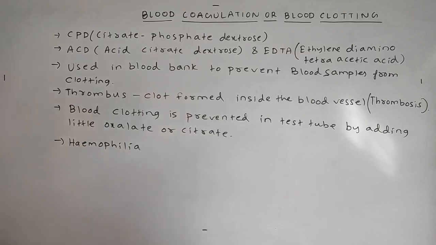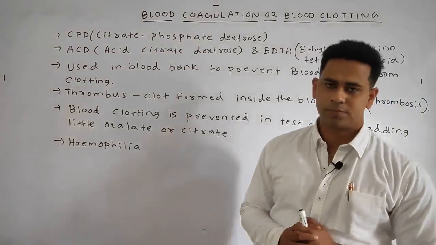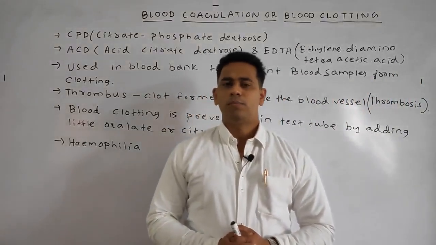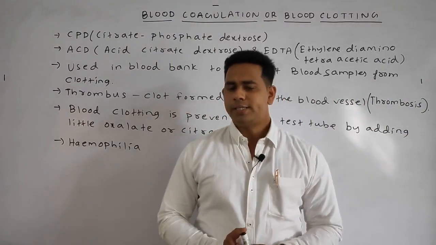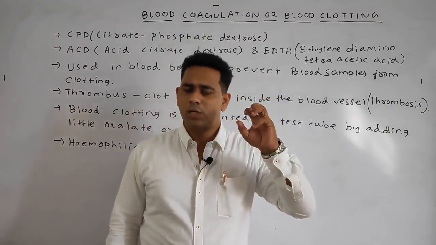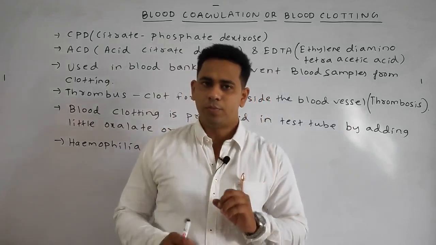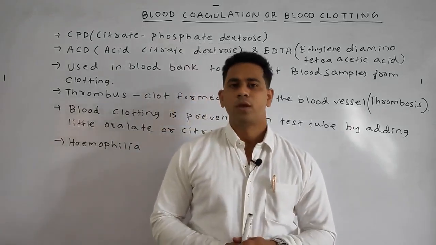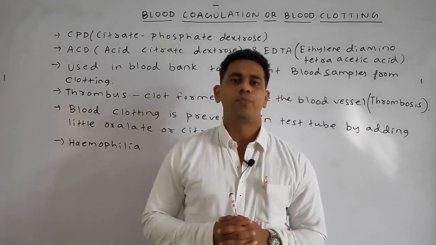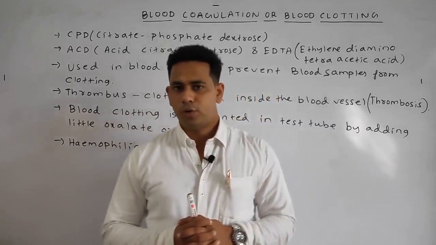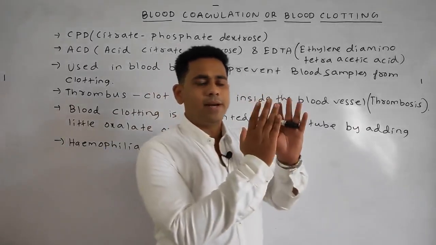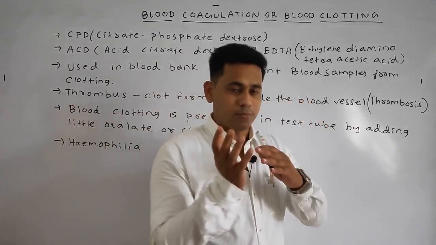Students, now come to some important terms related to blood clotting. There are some particular substances used in the blood bank to prevent blood clotting. In the blood bank, the blood is stored separately, blood group wise.